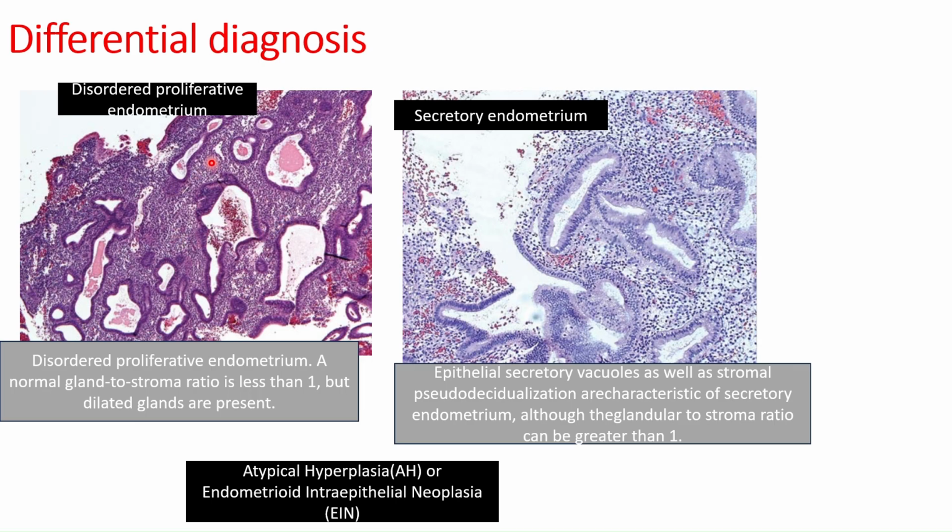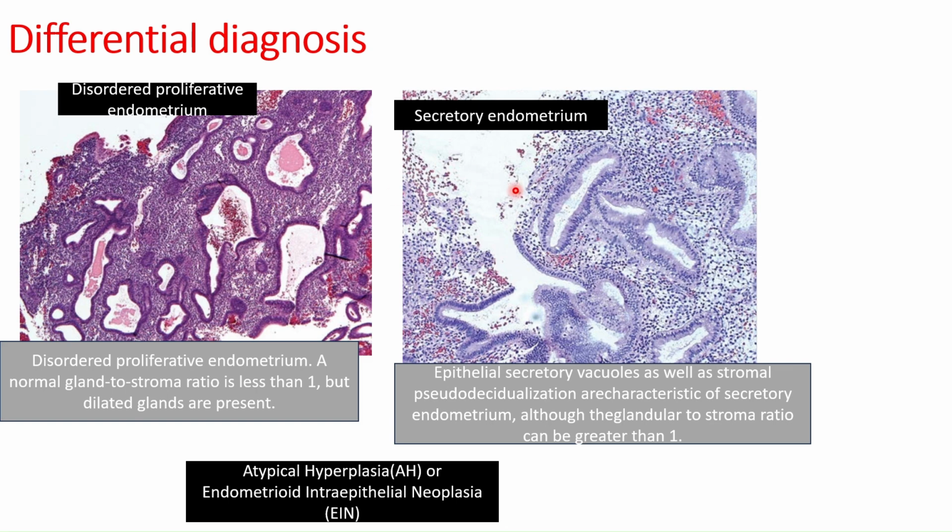And no more than 10% of endometrium is of normal proliferative type. So less than 10% shows this type of feature.